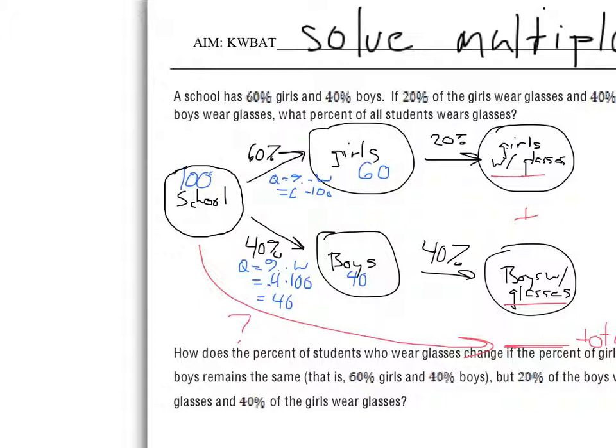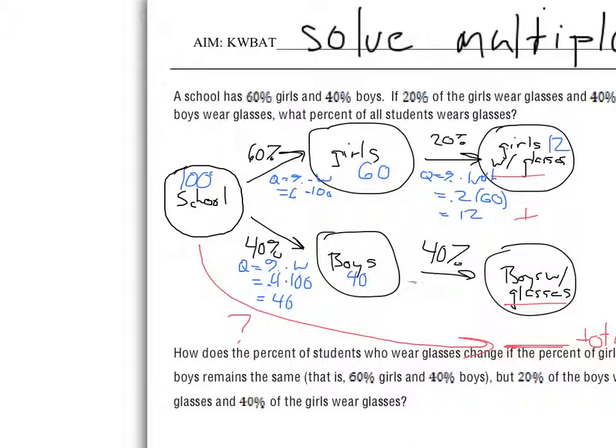Of those 60 girls, 20% of them wear glasses, so Q is equal to percent times whole is 0.2 times the whole now is 60. And it's going to tell me there are 12 girls who wear glasses, so this is 12.